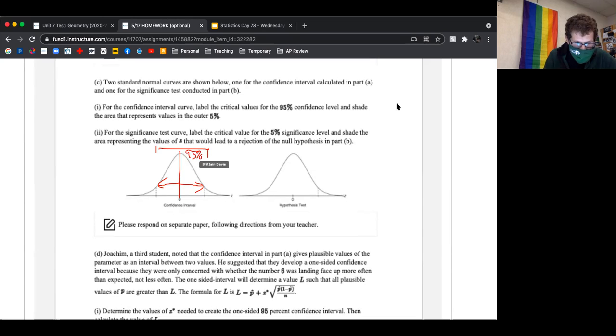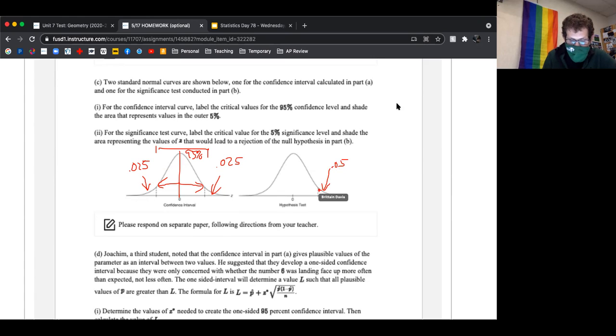But beyond that, you have 0.025 down here at the low end, and you have 0.025 up here at the high end. Okay, so that's your confidence interval.